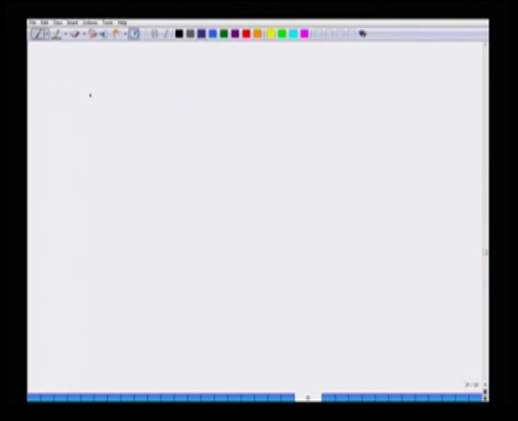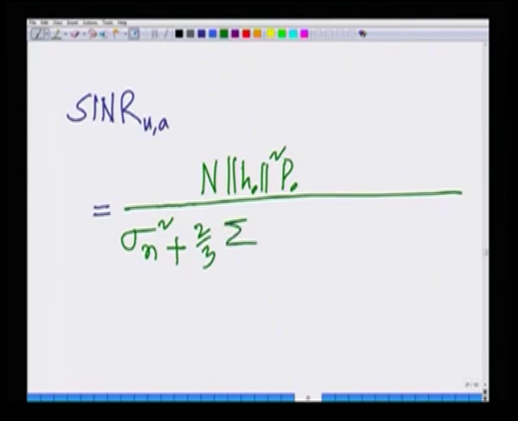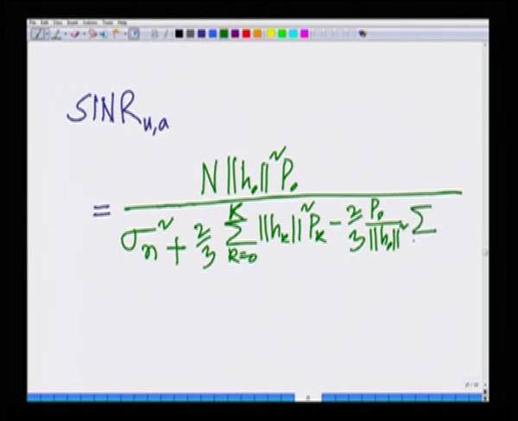So, the SINR uplink, asynchronous, this is given as n times norm h square p naught divided by sigma n squared plus 2 by 3 summation k equals 0 to capital K norm h k square p k minus 2 over 3 p naught by norm h naught square summation d equals 0 to L minus 1 magnitude h naught d to the power of 4.